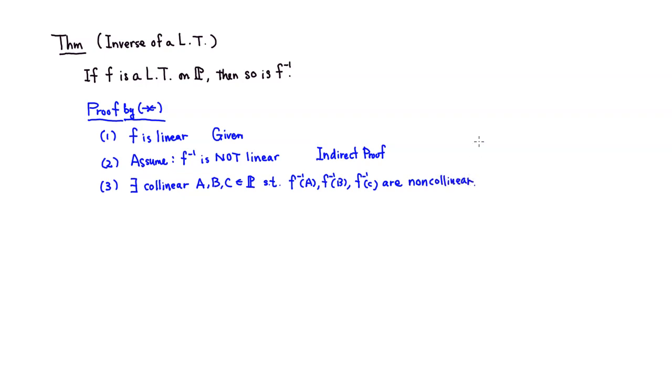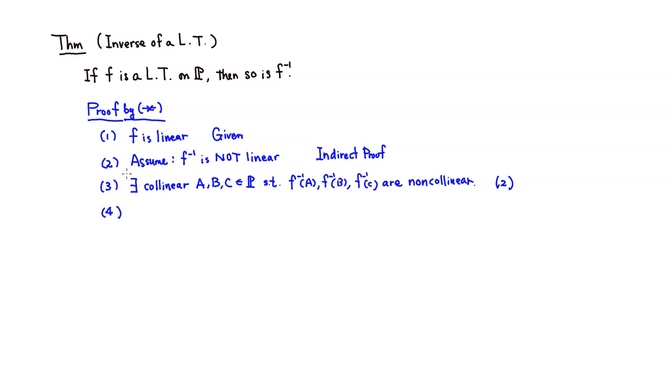Right? So this is from line number 2. The assumption is it's not linear, which means that some collinear points will be mapped to non-collinear points. Right? So once you got that, then we can say line number 4.